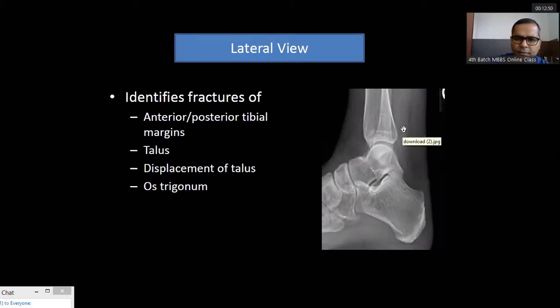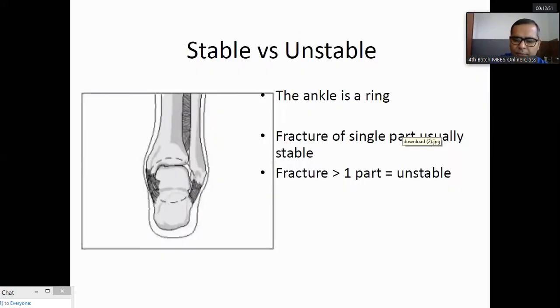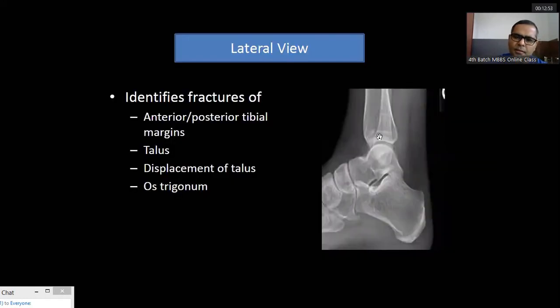This is the true lateral view. Occasionally we need some oblique views also. In the earlier days when we didn't have CT scan and had to plan for surgery, we would go for oblique views to better define the fractures.